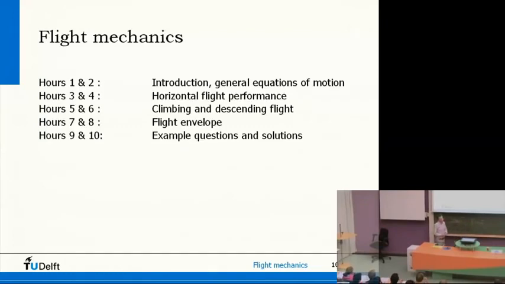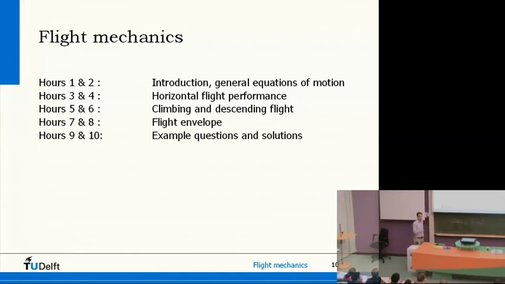So this is what I'm going to do. First lecture is more a general lecture, introduction, deriving equations of motion. And that's the tool really that we're going to use to solve all the questions that we may pose. After that, I'm going to look at horizontal flight performance.